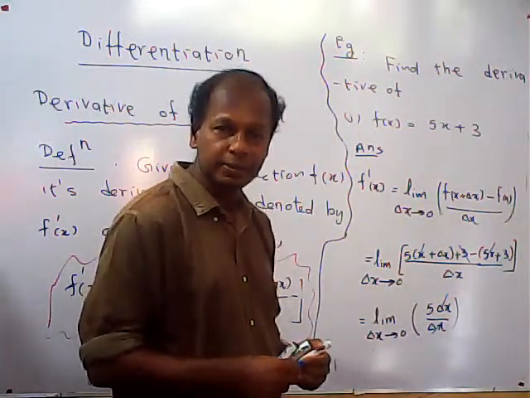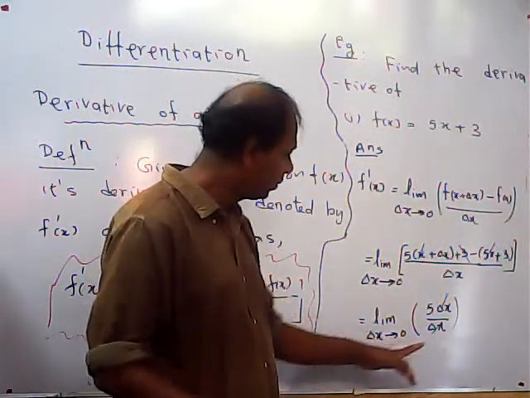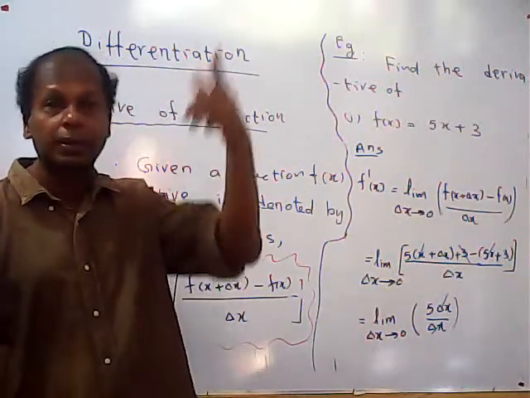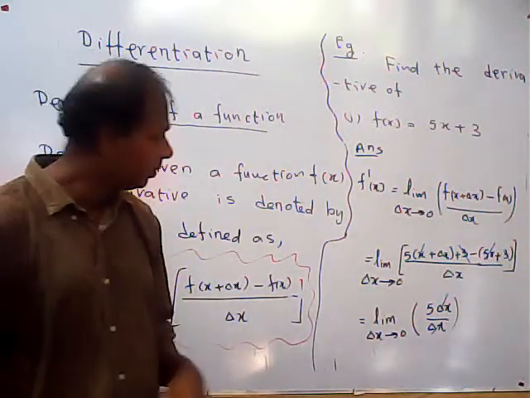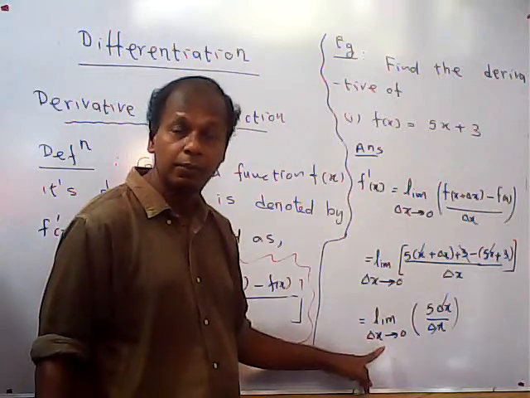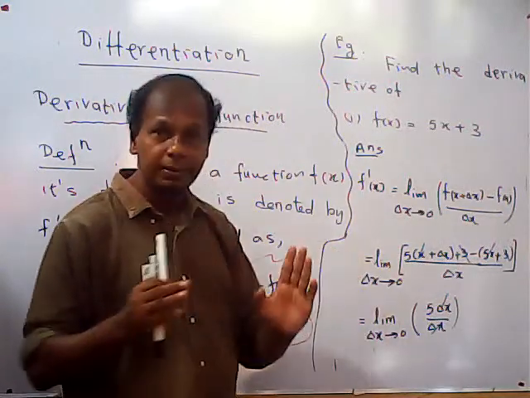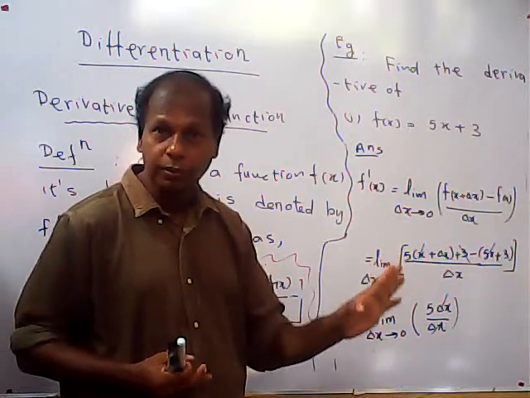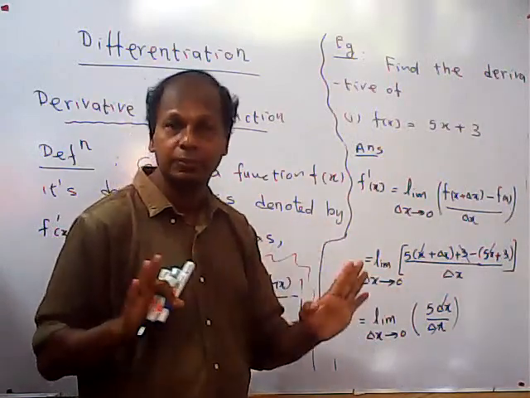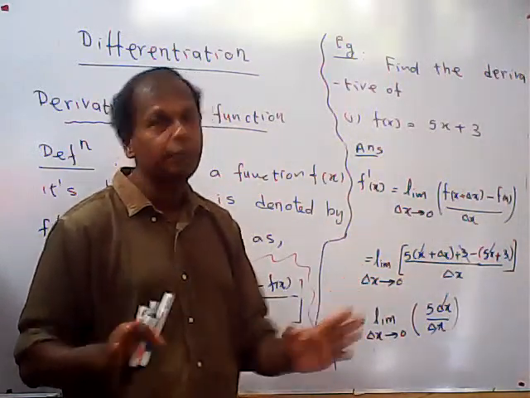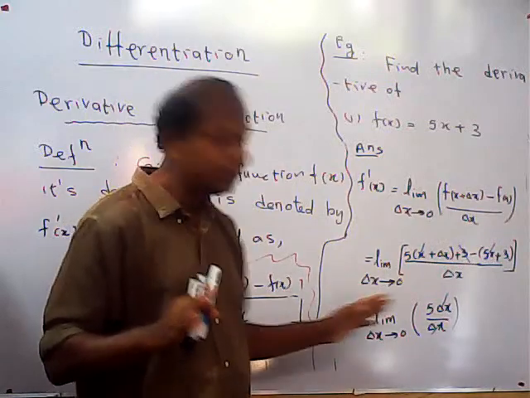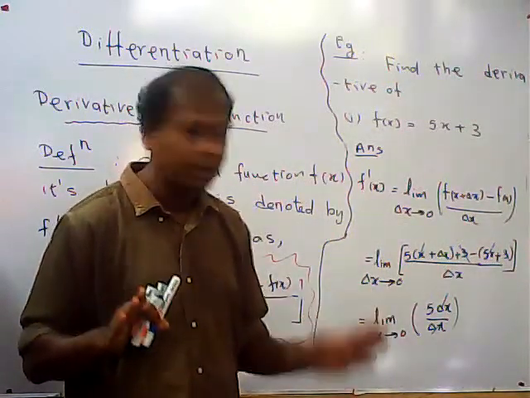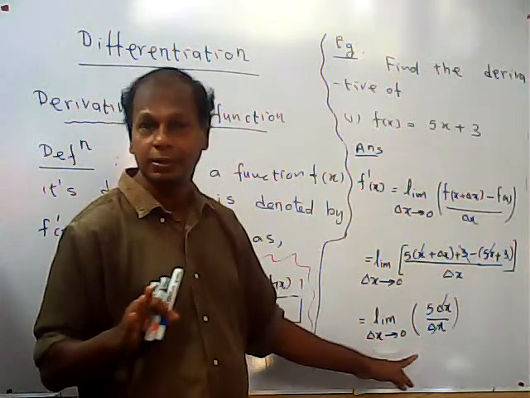You see now this delta x, you can cancel that, because remember that many times we wrote in our lesson of limits, we want to find what happens as delta x goes to 0, not at delta x equals 0. Finding the limit as delta x goes to 0 does not mean anything happening at delta x equals 0.